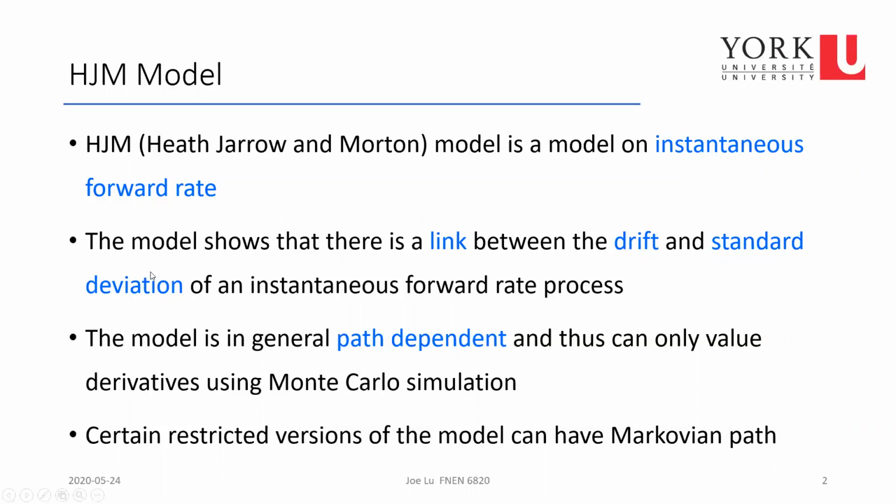What they show is that there's actually a linkage between the different points on the instantaneous forward rate curve, or different points on that term structure. And then if you specialize that process, or make certain restrictions on the process, you can actually recover the short rate models that we discussed earlier.